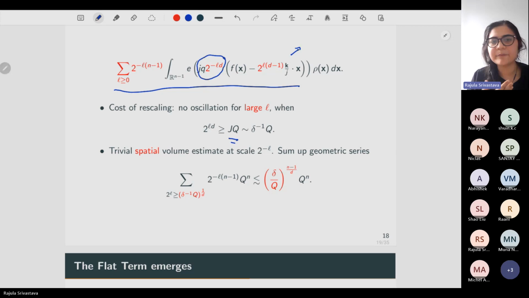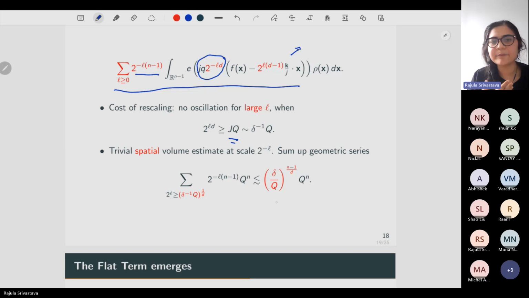All you can do is estimate your integral in a trivial manner, just taking absolute values. But you are not always lost because you have this nice negative factor in front, which measures the volume of where the integral lives. Above this scale of L, when you have zoomed in too hard into your flat point, you just take a volume sum, a trivial sum of this geometric series.